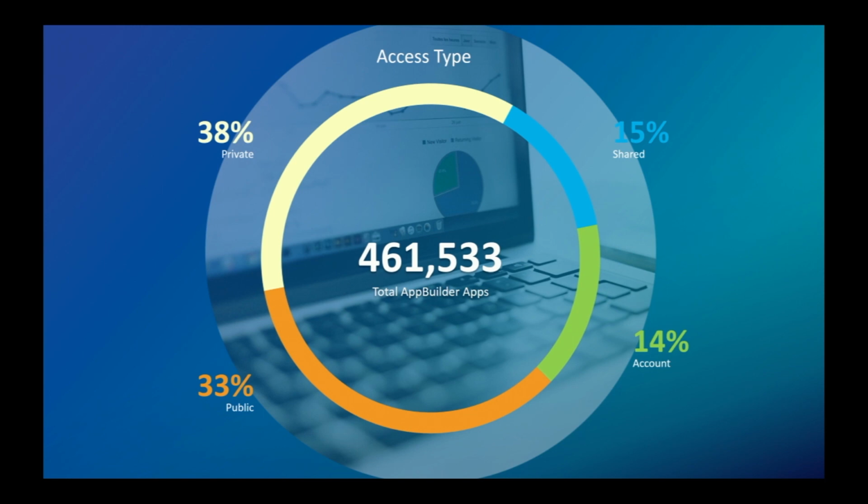This was taken last Wednesday, and we had 461,533 apps. Pretty popular, considering we released this a couple years ago, more than a couple, but it's by far very popular. And this is just online. This doesn't include Portal. 33% of these are public apps, 38% are private, 15% are shared, and 14% are shared within an account. So it's very popular.